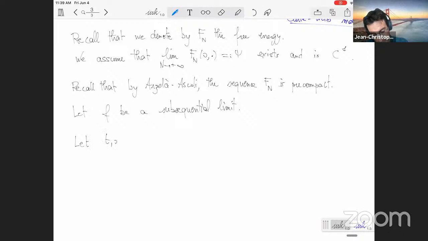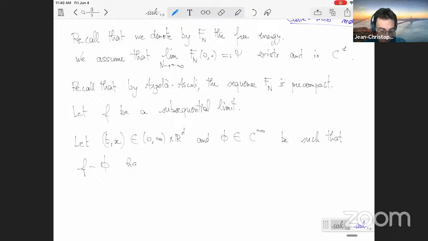So let (t, h) in (0, infinity) times R, of course, and phi a smooth function, be such that f minus phi has a local maximum at (t, h).